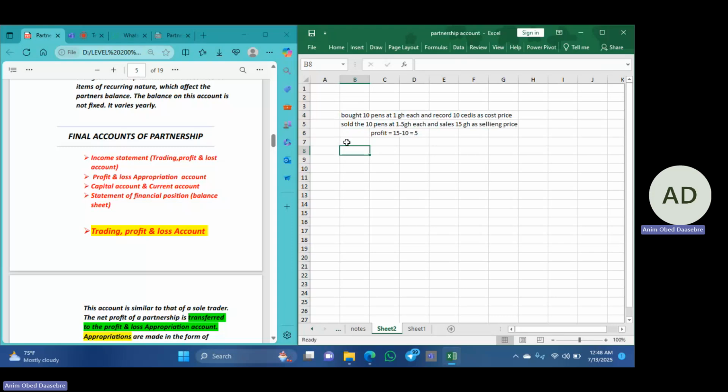You get it? Now, let's assume we withdrew or took 2 pens for personal use without recording or accounting for these 2 pens that we have taken out of the 10 pens that we have in our business.